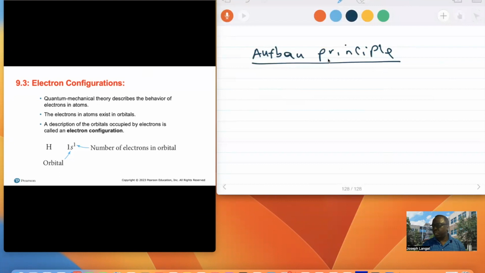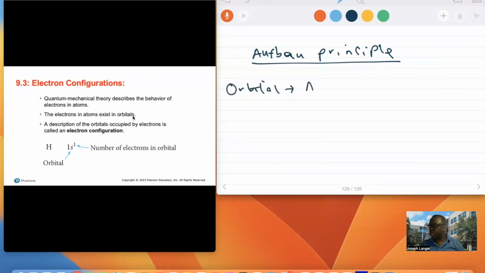All right. Remember, from the quantum mechanical theory, electrons exist in orbitals, not orbits, in orbitals. Remember orbitals, we described this before.